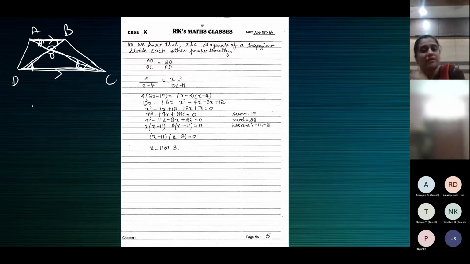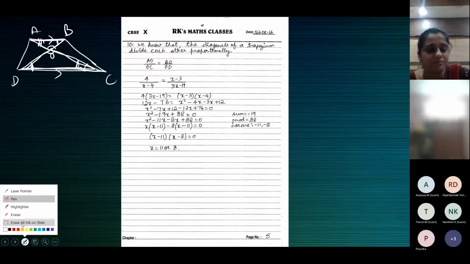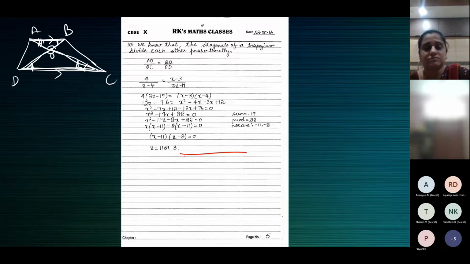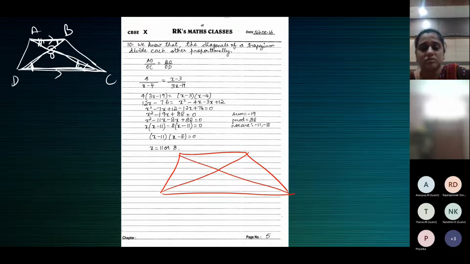You can say AA or AAA. So this angle is equal to this angle, alternate angles. Angle 1 is equal to angle 2. Angle 3 is equal to angle 4.